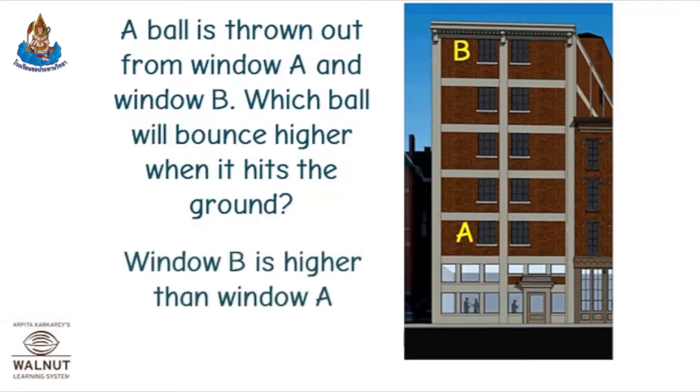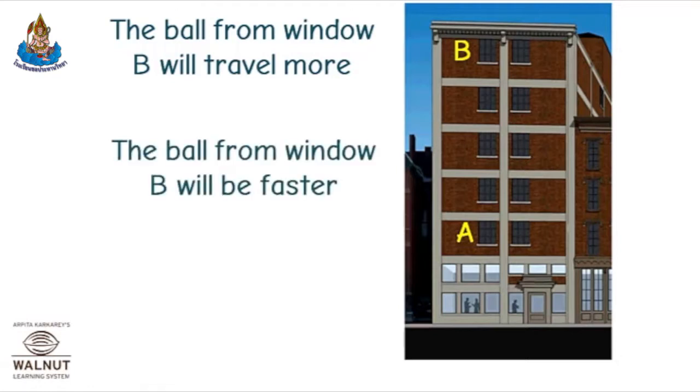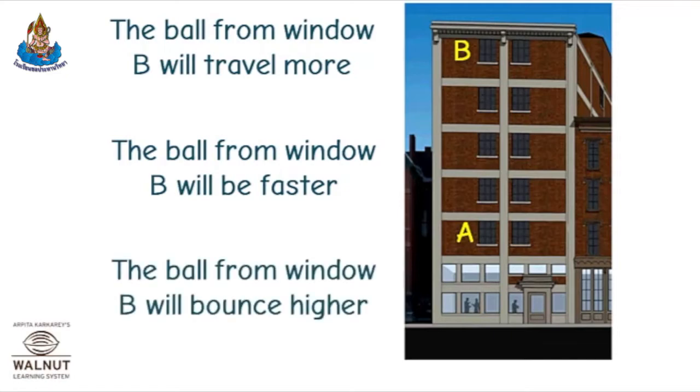Window B is higher than window A. The ball from window B will travel more. The ball from window B will be faster. The ball from window B will bounce higher.